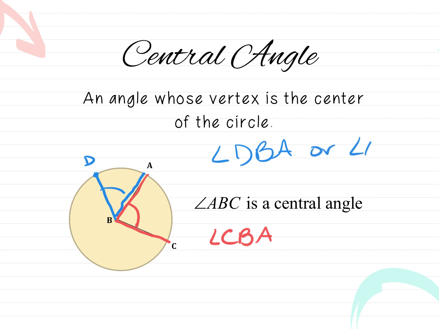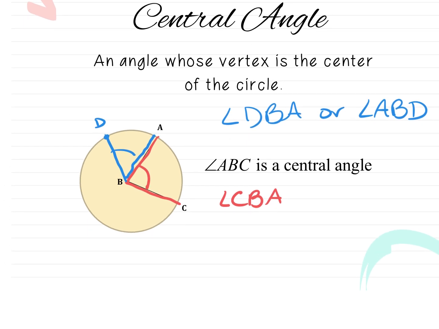Or you could go in reverse, ABD. You could also realize that you have this bigger central angle, and you could go from the D all the way to the C, so angle DBC. So the circle, depending on where you draw in your radii, there could be a bunch of central angles within the circle.